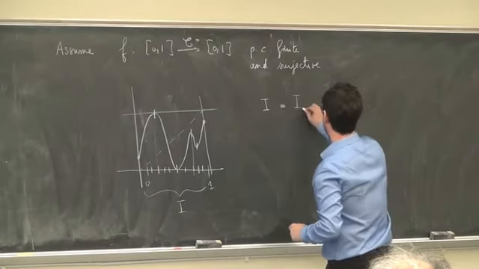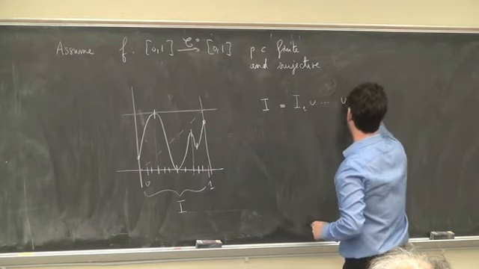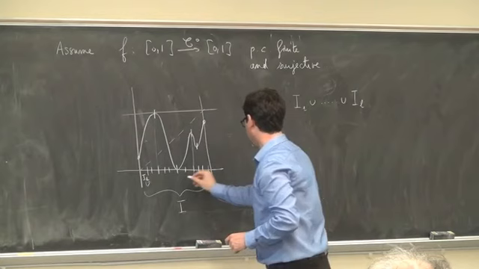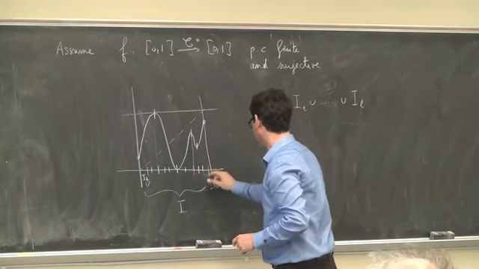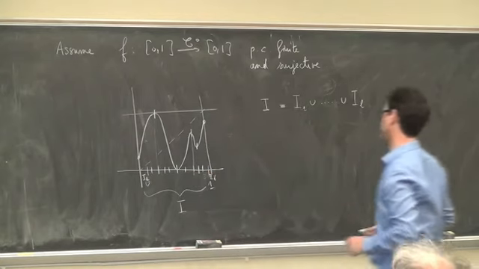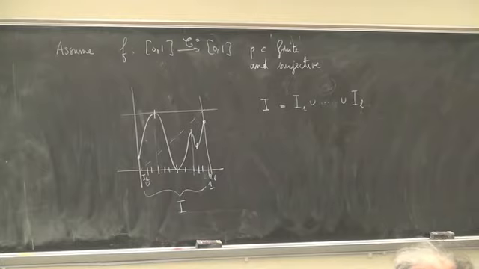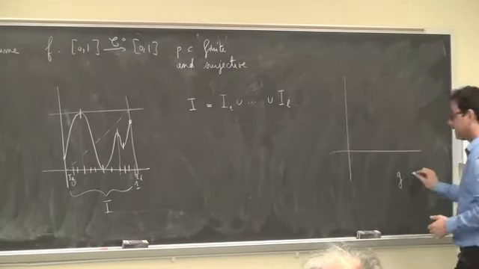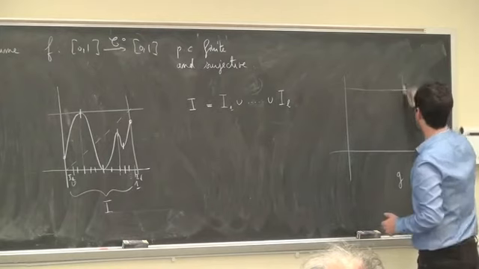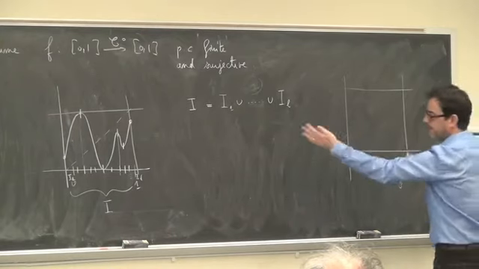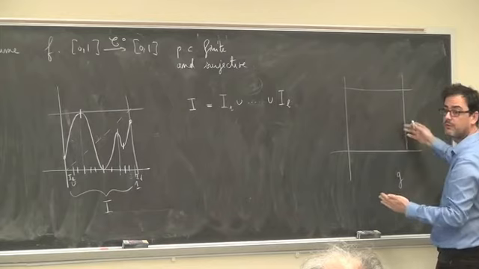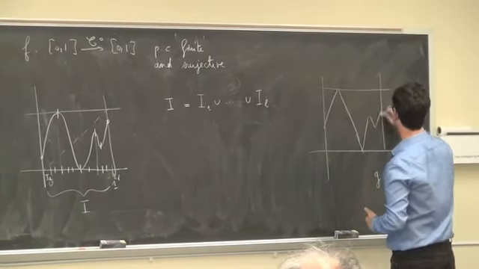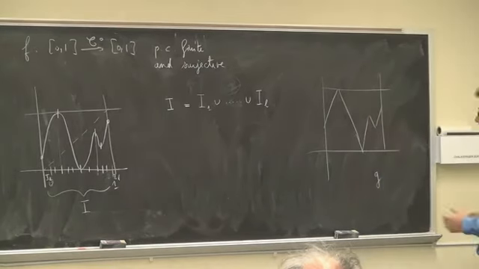So I1 is here, and I is here. Okay, now I'm looking for G, which should have the same combinatorial behavior, with constant slope.